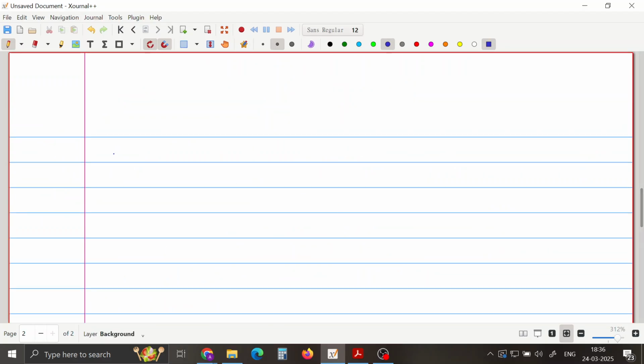So what I will do is first use integration by parts to calculate this integral. This is my first function, and this is my second function.